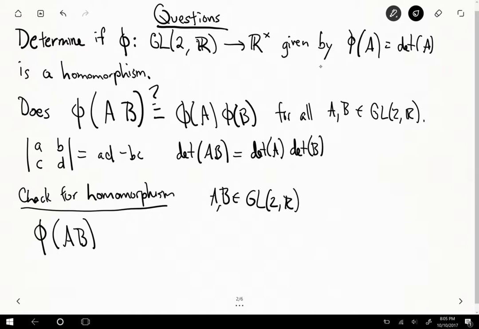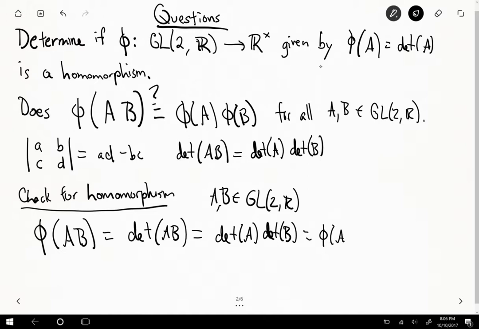What actually happens then? Well, this should equal the determinant of AB, which we saw up above, just recalling a property of determinants. This equals the determinant of A times the determinant of B. Well, wait a second. Determinant of A, that's just phi of A. And the determinant of B is just phi of B. And we have a result. So phi is a homomorphism.